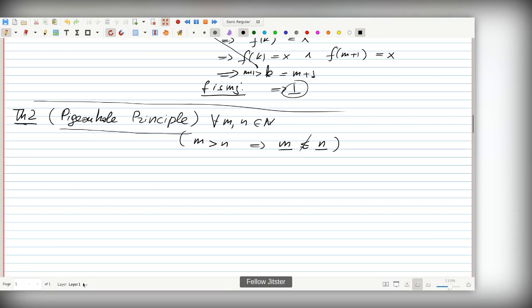Assume you have m rabbits and n cages, and the number of rabbits is greater than the number of cages. Then you cannot put these rabbits into these cages injectively, that is, in such a manner that no cage contains more than one rabbit.